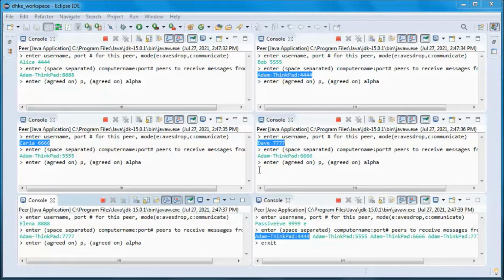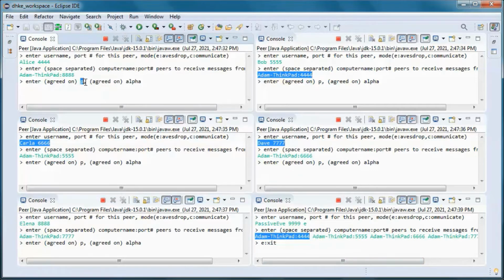So Diffie-Hellman key exchange is not limited to 2 peers. It is possible to have any number of peers with no prior knowledge of each other to jointly establish a shared secret key over an insecure network.